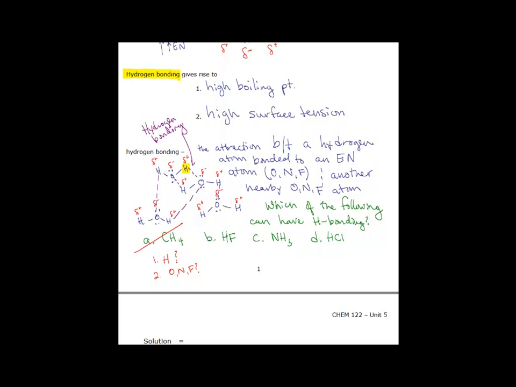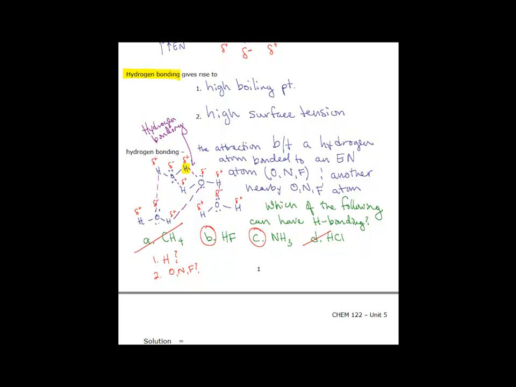So B has hydrogen, and it has a fluorine. So this could have hydrogen bonding. C has hydrogen, and it has an electronegative atom, nitrogen, so this could possess hydrogen bonding as well. D, we have hydrogen, but we don't have O, N, or F, so that's wrong.